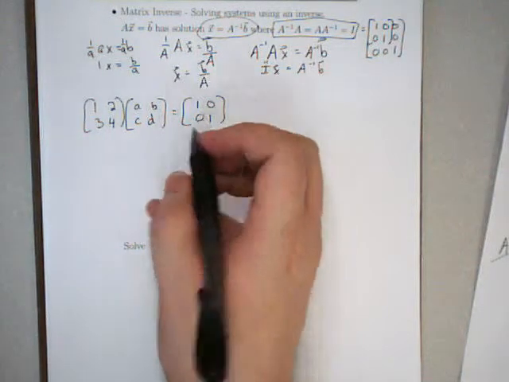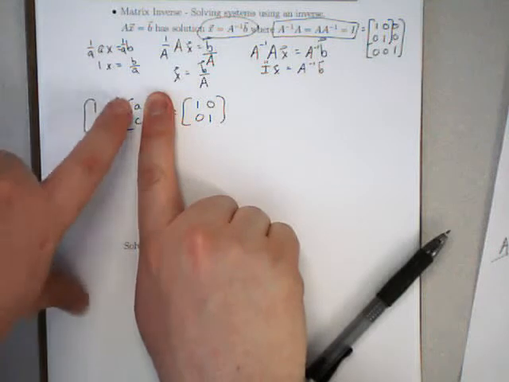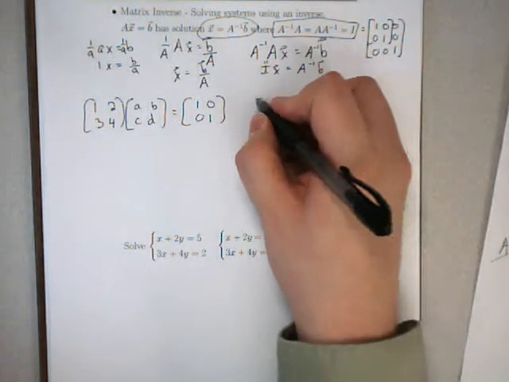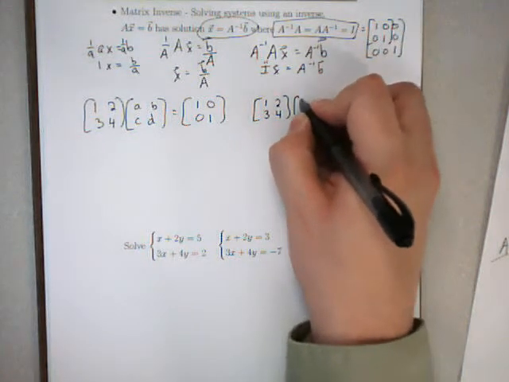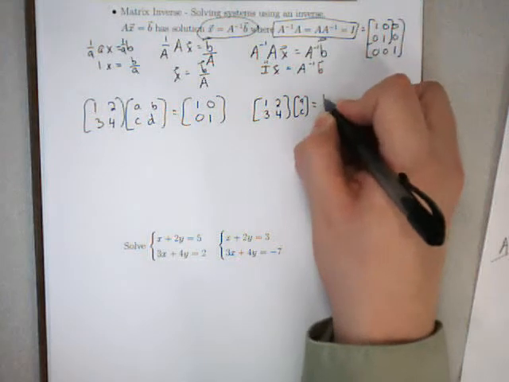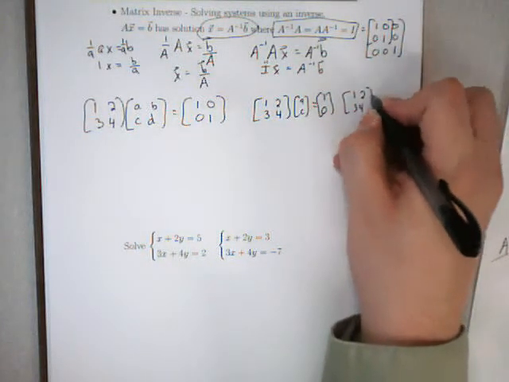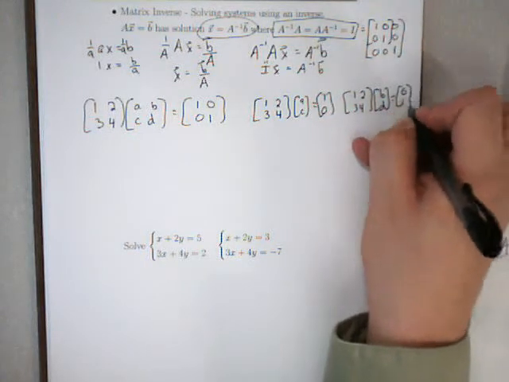If I just look at the first column, I can take the first matrix times the first column to get the first column. So I could write this as 2 matrix products. I've got 1, 2, 3, 4 times (a, c) needs to equal (1, 0), and 1, 2, 3, 4 times (b, d) needs to equal (0, 1).